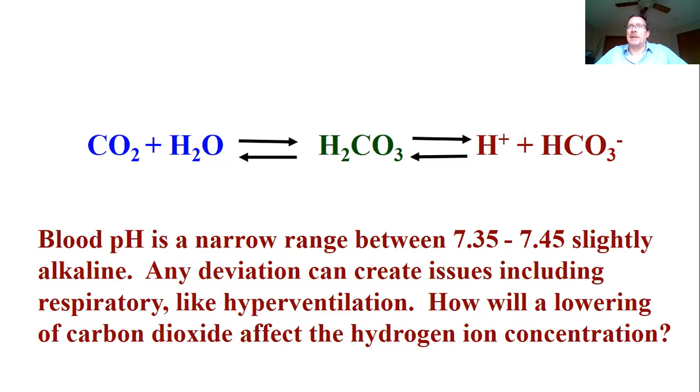It's tied to respiration because of the carbon dioxide, and it's also tied to your blood pH, where the hydrogen ions, the bicarbonate and the carbonic acid are flowing around.